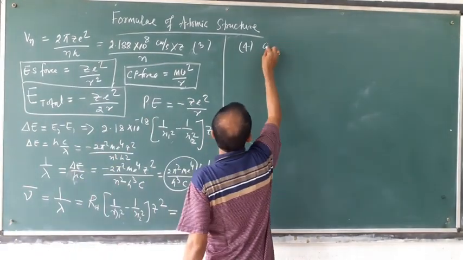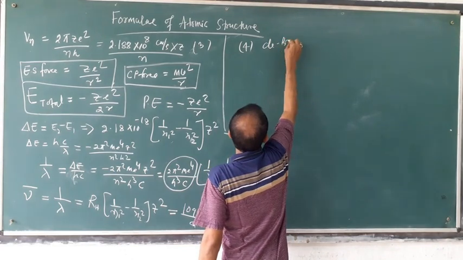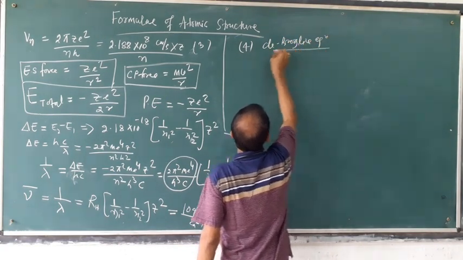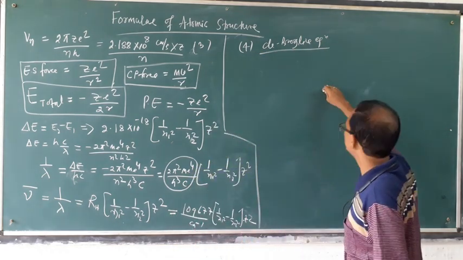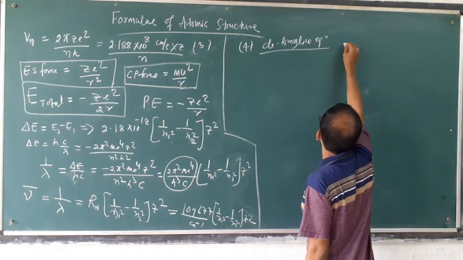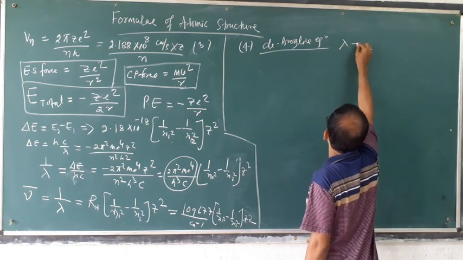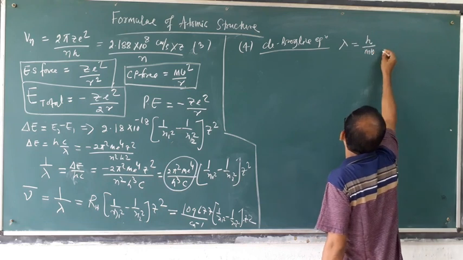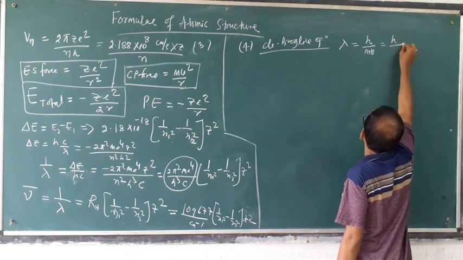Next, the De Broglie equation, the relation between wavelength and momentum: lambda is equal to h by mv, which is equal to h by p.